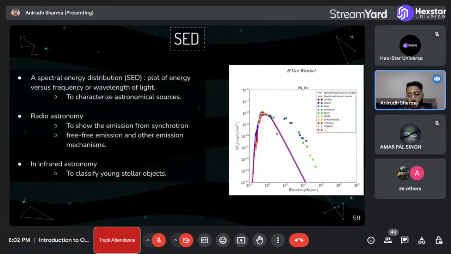Based on where our plot points are, we can easily classify what kind of emission we are observing, and then conclude that this must be dust, this must be the actual star, and so on.